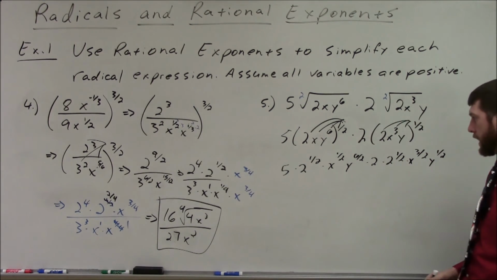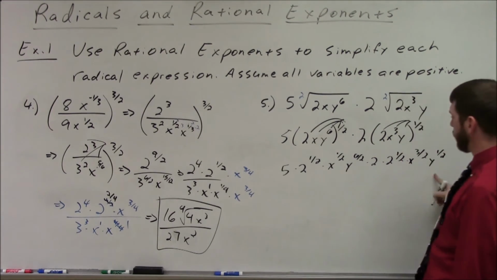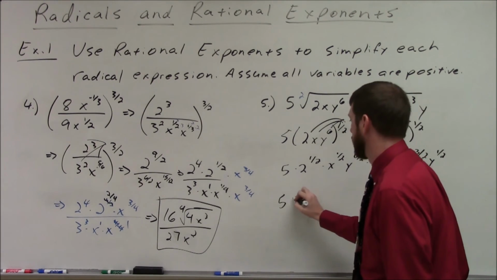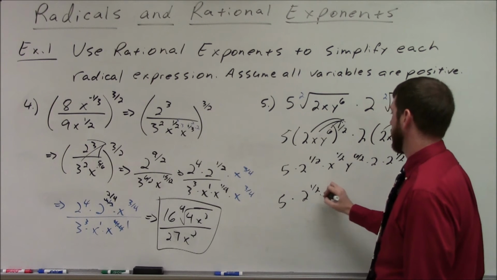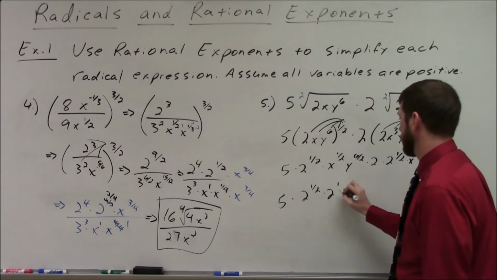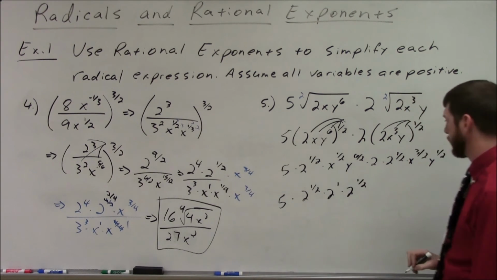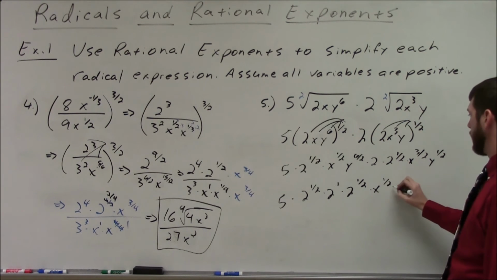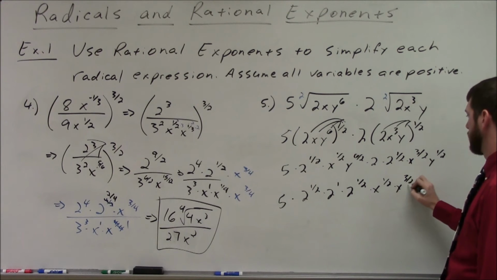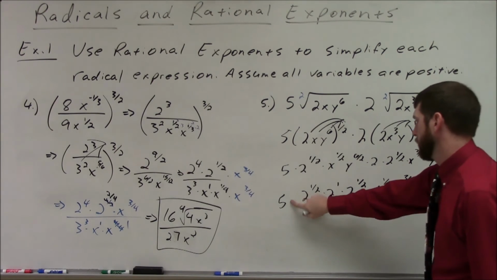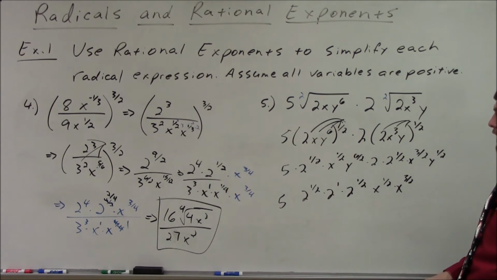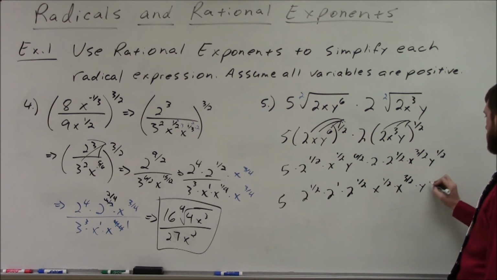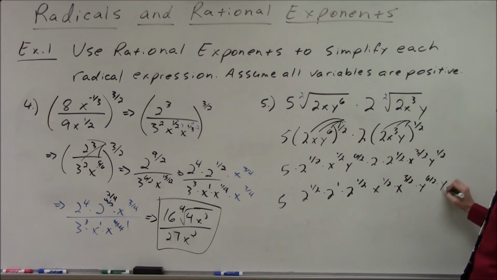Now we're going to put all of our like bases together. 5 is the only 5 on the board. I've got a 2 to the 1/2, a 2 to the first, another 2 to the 1/2. I've got an x to the 1/2, an x to the 3/2. And I've got a y to the 6/2 and a y to the 1/2.